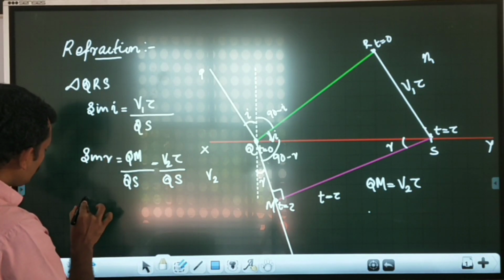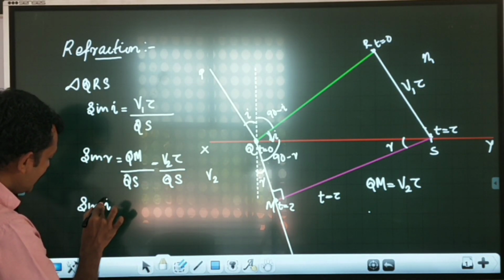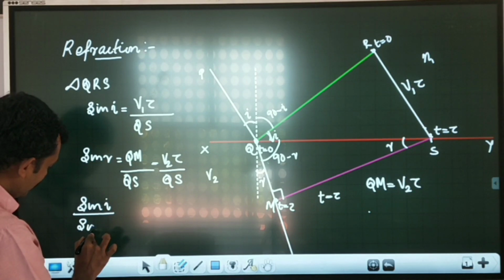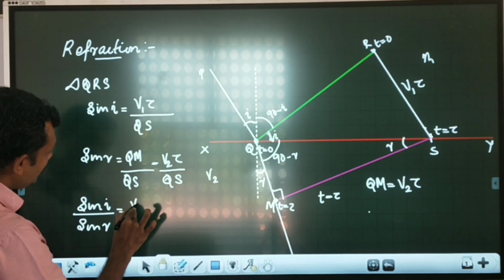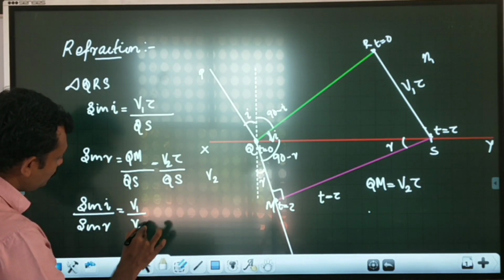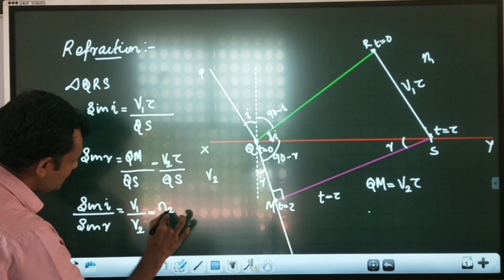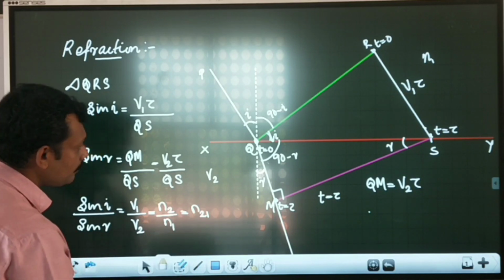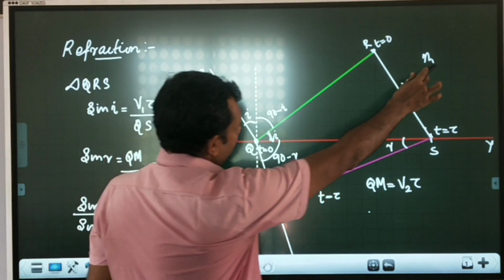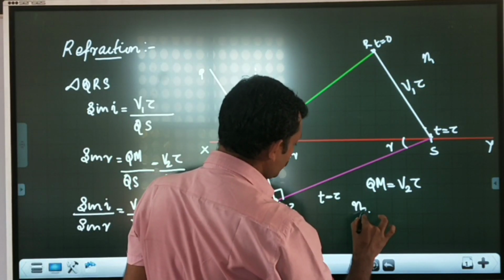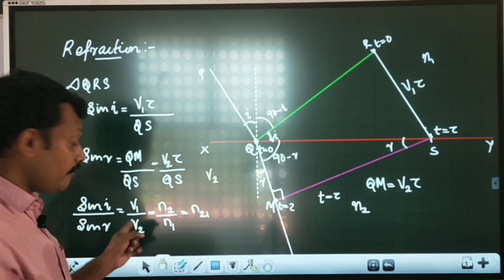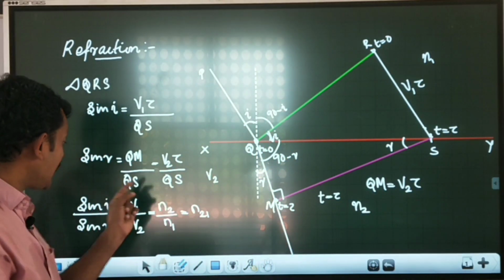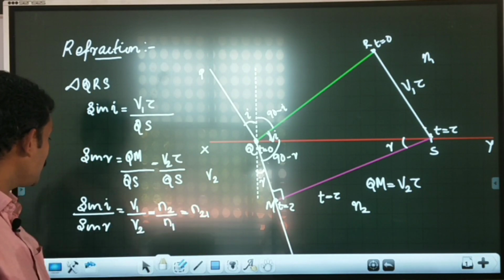Now we will divide this equation. Sin i divided by sin r is equal to v1 divided by v2, that is what is called n2 divided by n1, and that is n21. The refractive index of this medium is n1, the refractive index of this medium is n2, so v1 by v2 we have learned in the chapter optics as n2 by n1, so this is n21.